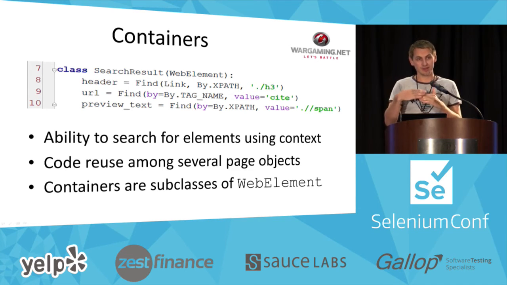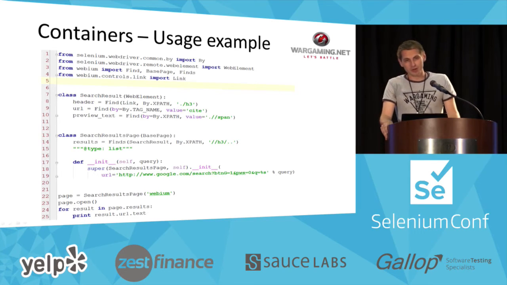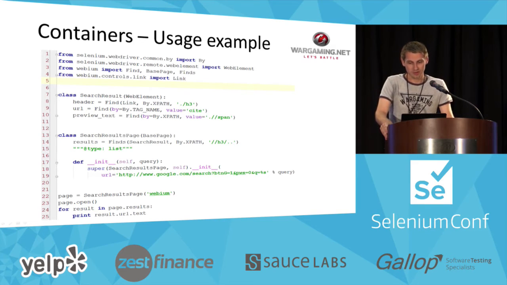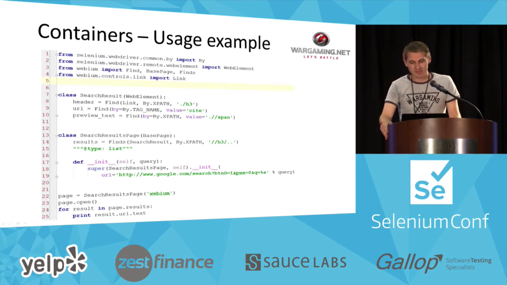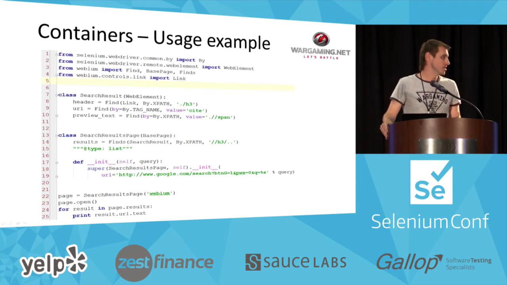They are relative to the container. Once we have our container class defined, we pass it into finds, the first argument. And in the example, as you can see, in order to access any nested elements, just dot notation is used.